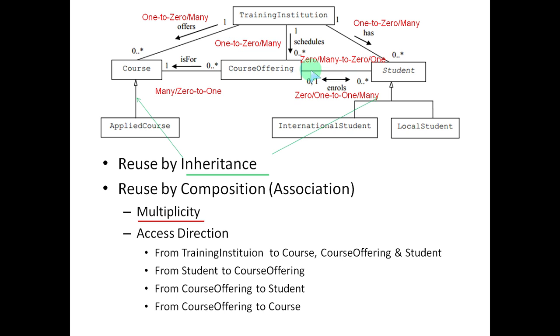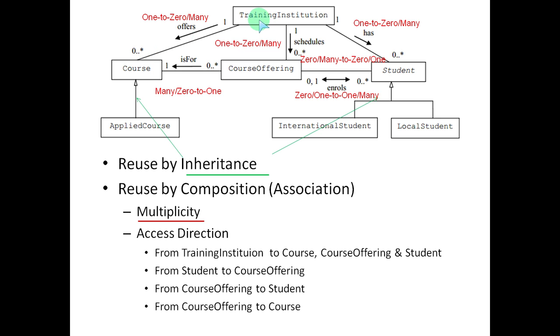And then the horizontal one, you have the case here pointing this way, is 0 or many to 1, meaning, backtrack, 1 to 0 or many means that one institution offers 0 or many courses.